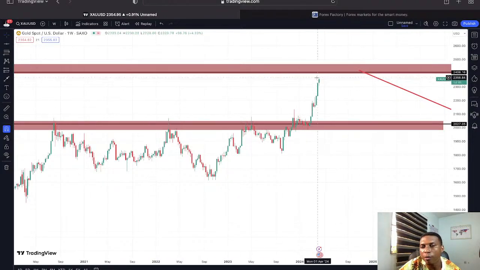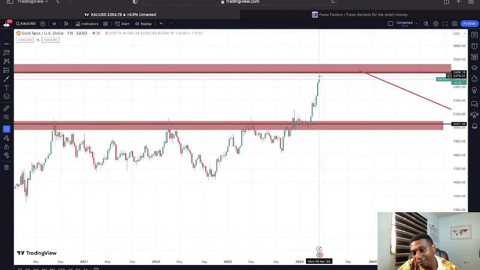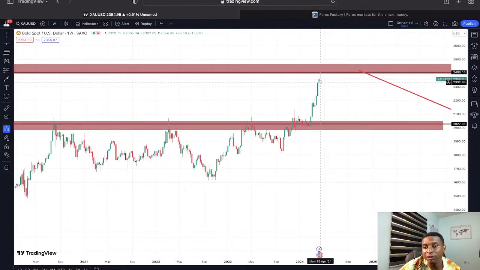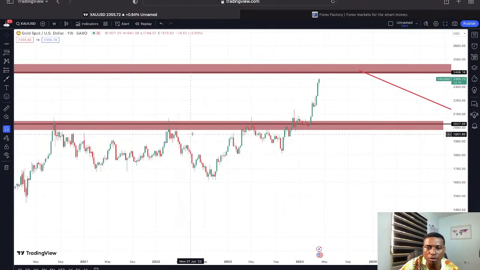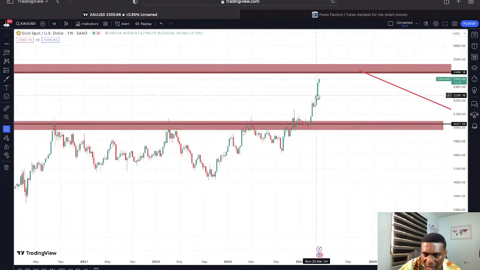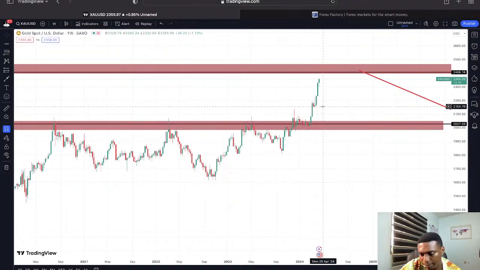So I can't recommend you buy gold now because it's already at a very high level, an all-time high. If you are going to buy, you might risk being used as exit liquidity for investors and institutions who might have bought right from this breakout section or from this consolidation point.